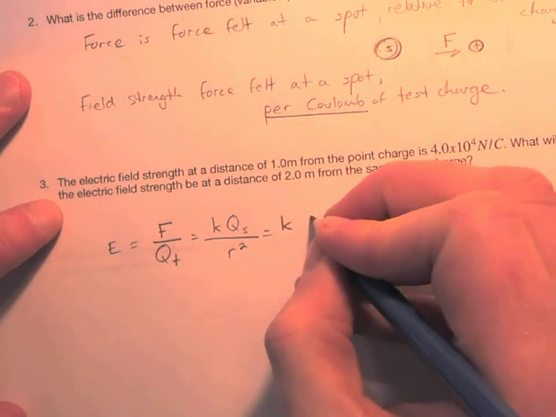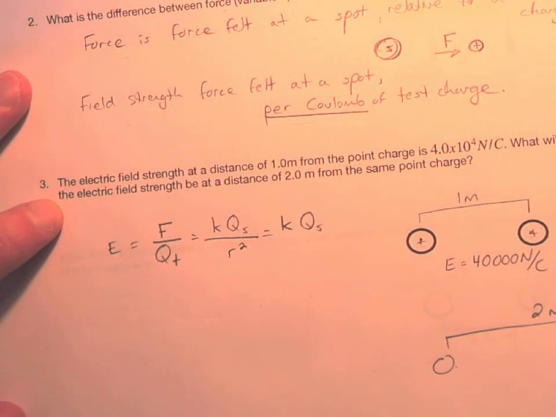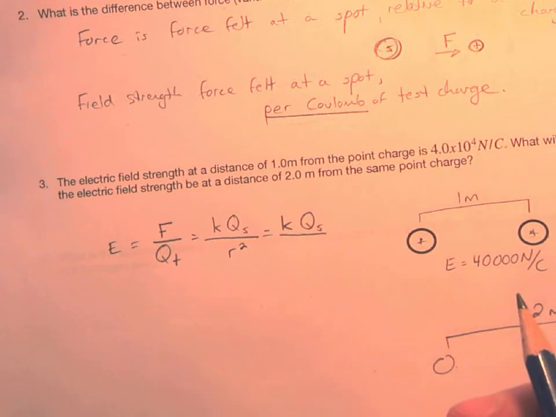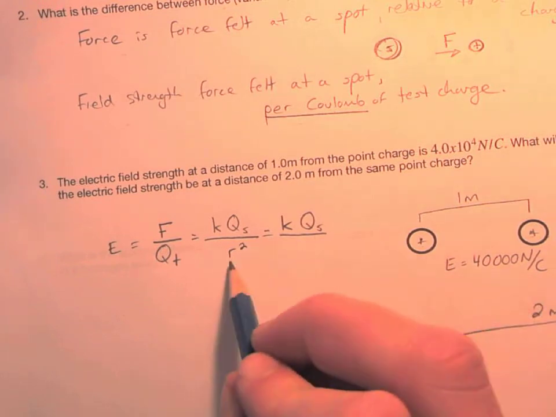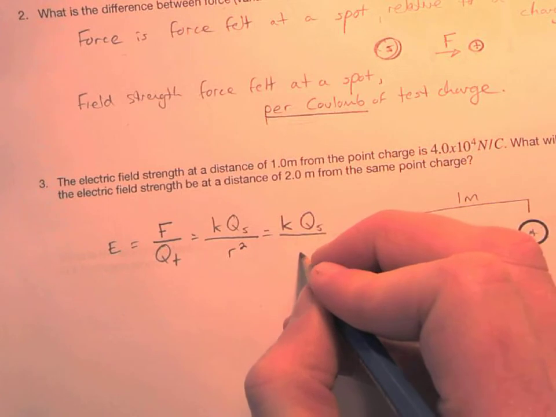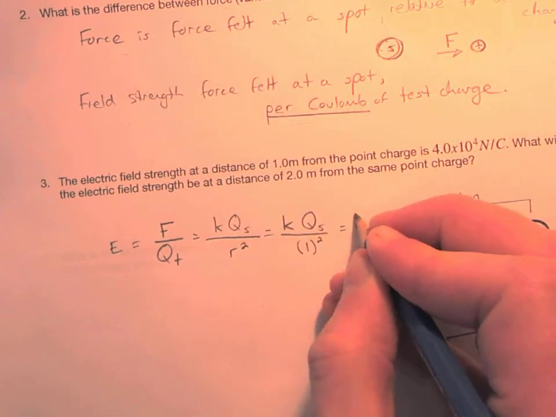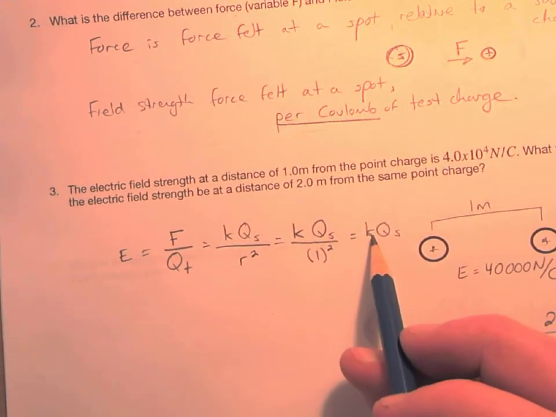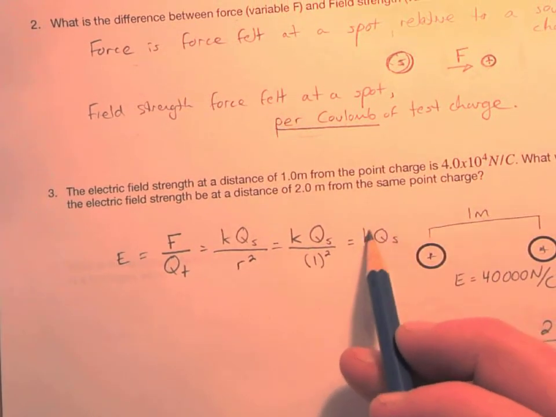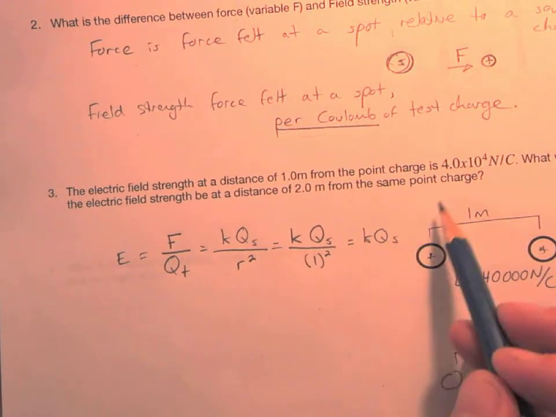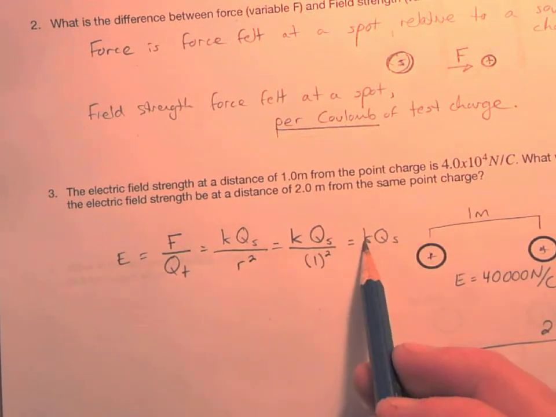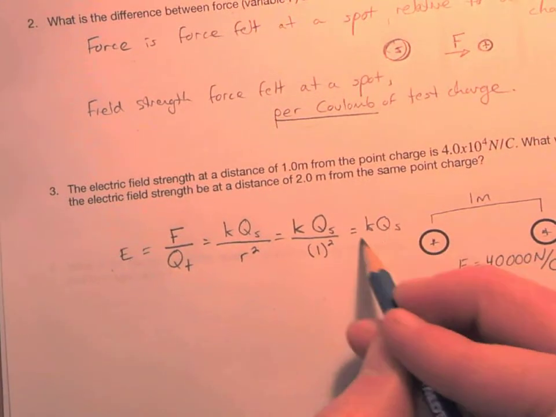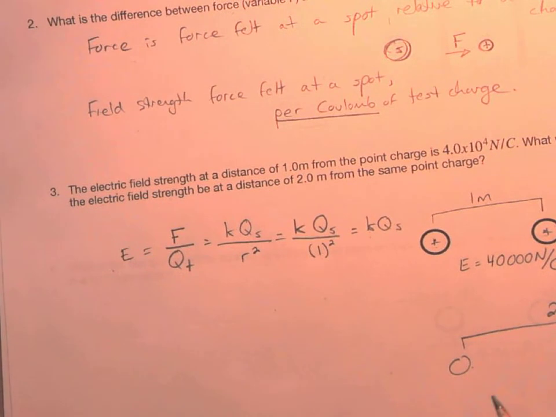So it's going to be K, we don't know what the source charge is, so I'm just going to go source charge divided by R squared, which is just 1 here. So overall, our 40,000 newtons per coulomb value is just going to be equal to K times QS. So we can find out what the source charge is, if we want to, we could solve for that. We could plug 40,000 in there, plug in our K value, divide by the K value, and we get our source charge. But I don't quite need to do that. I just need to know that it's going to be K times whatever the source charge is going to be.